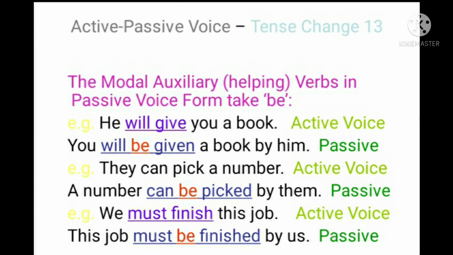So we see be is being used. The next one, they can pick a number. Active voice. The passive voice will be a number can be picked by them. Be is used. Third sentence, we must finish this job. The passive voice of it will be this job must be finished by us.